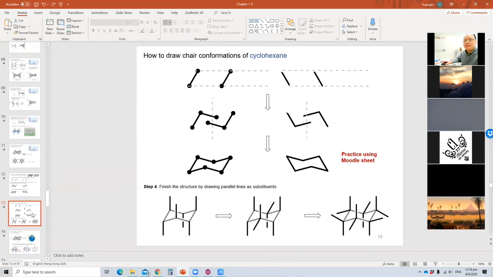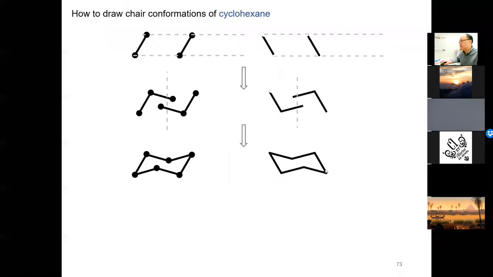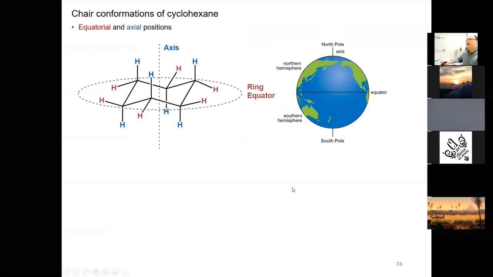And before we end the class, I'm going to show you what we will cover next time, because there is too much to talk about this time. We will learn some definitions, characteristic points, and properties of these 6-member rings.